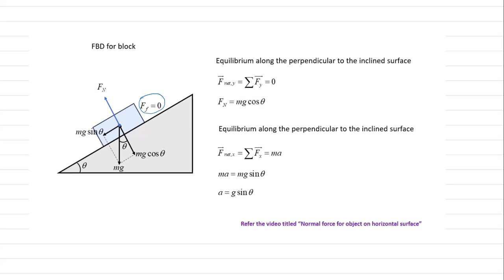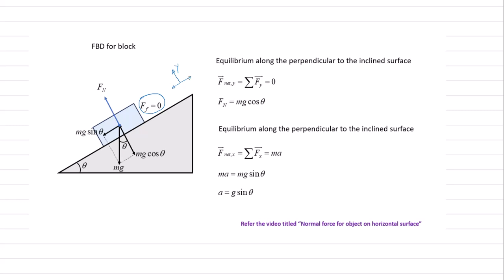So now that we have all the forces identified, basically three of them, we have to apply the equilibrium condition onto the y-axis and also onto the x-axis. So you remember the y-axis that we have chosen is normal to the surface. So this is the y-axis, and the x-axis is along the inclined surface.